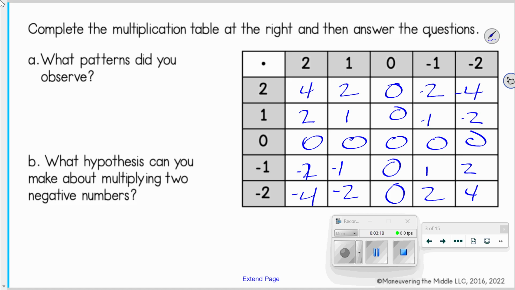So, what patterns did you find? Asher, thank you for raising your hand. I actually saw 2 patterns. The first one, if you look at one column, the numbers are parallel.